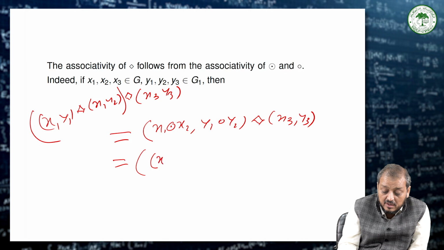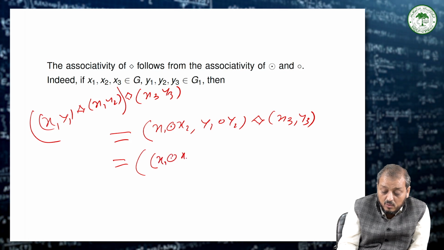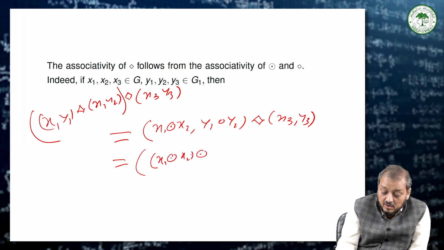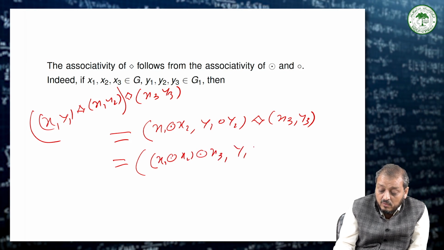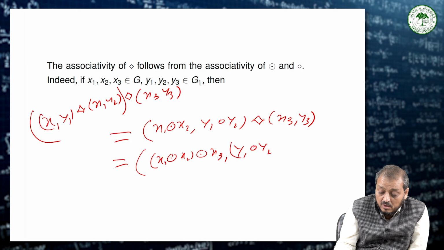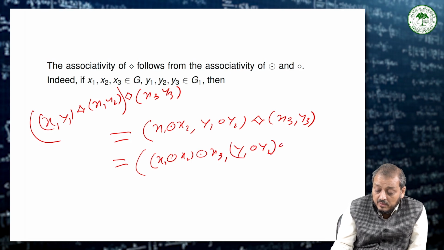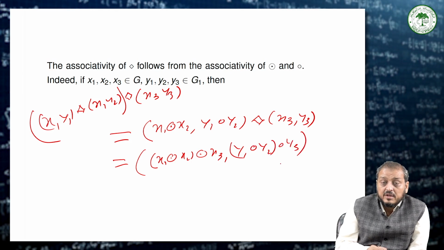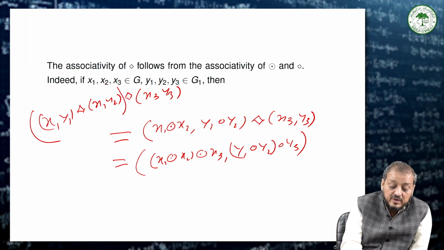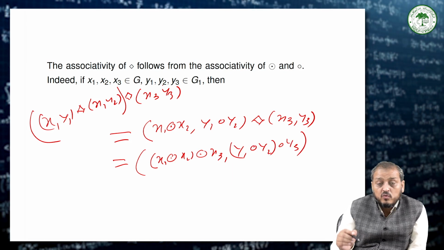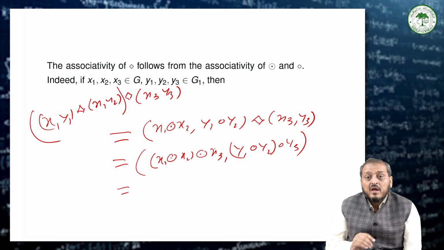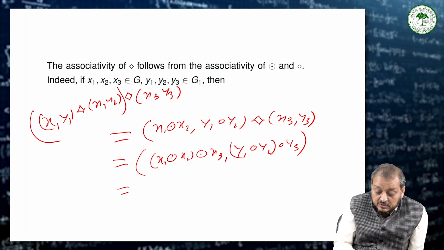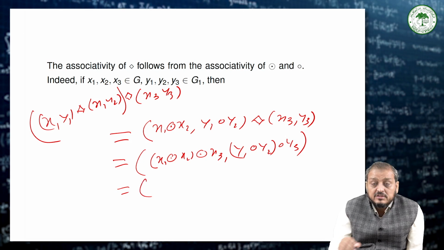This can be written as x1 o x2, and then o x3, and this can be written as y1 circle y2, and then circle y3. Now you know that x1, x2, x3 are in G, and y1, y2, y3 are in G1, so they are clearly associative. So now we're using the associativity of G and G1 here.